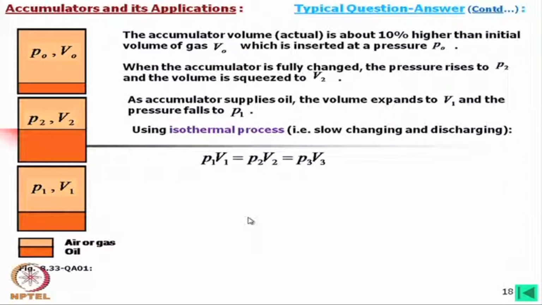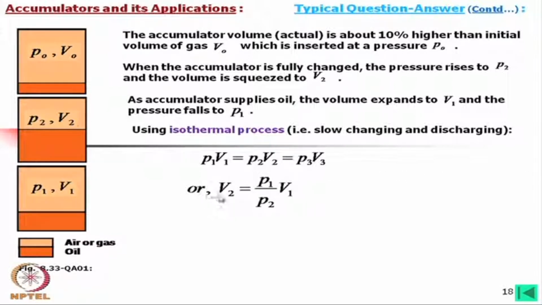Now, we consider the isothermal process, that is slow charging and discharging. Then we will consider that the power n is 1. So, P1 V1 is equal to P2 V2 is equal to P3 V3.